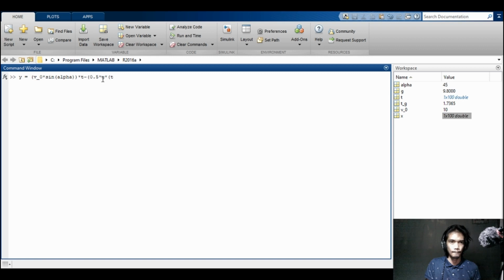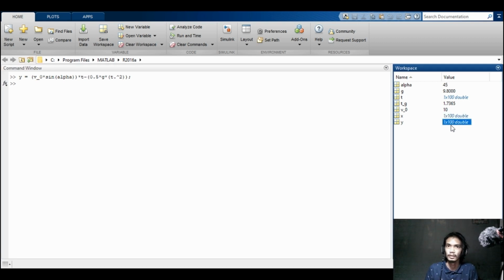So ang gagawin natin is lalagyan natin ng dot to make it element wise, so that all entries inside the matrix will be squared instead of t times t. Iba rin yun. Okay, so let's suppress the thing, and as you can see, yung y din natin is naglabas ng 1 by 100 na results.